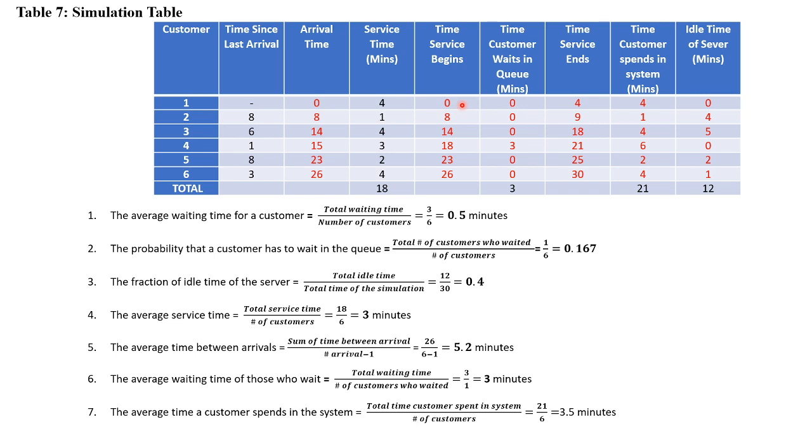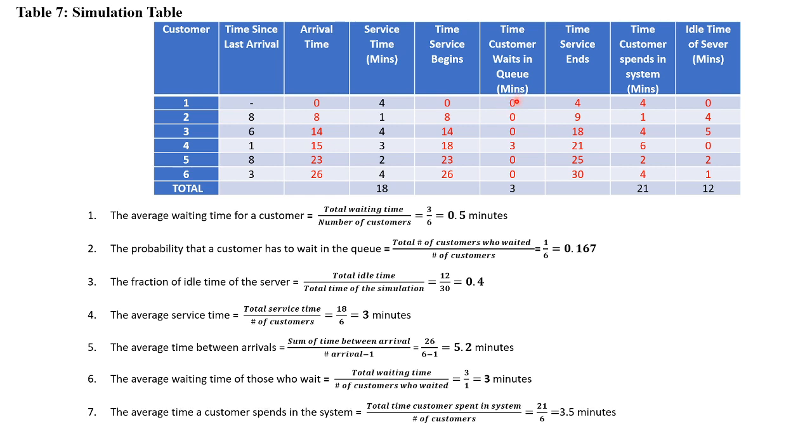All right. The time the customer waits in the queue is 0, because when customer 1 came in, the server was there, not doing anything, just idle. So the time the customer waits is 0.